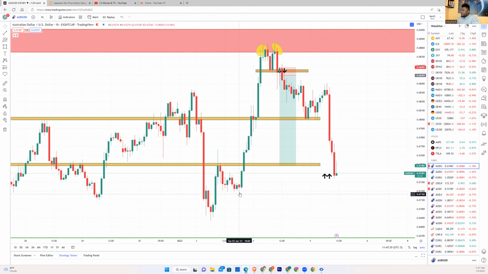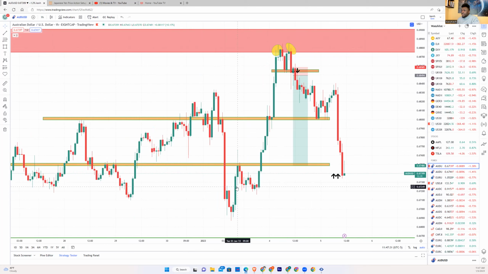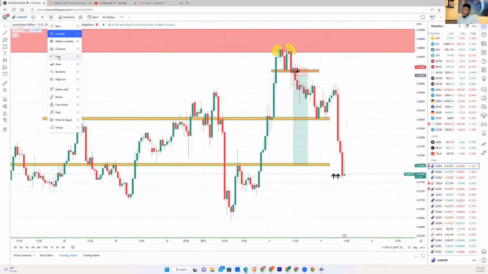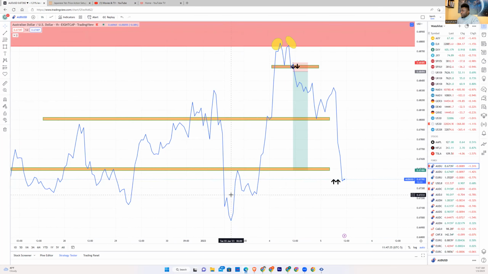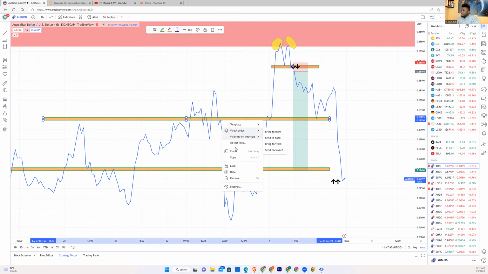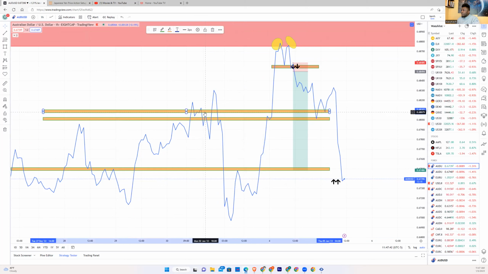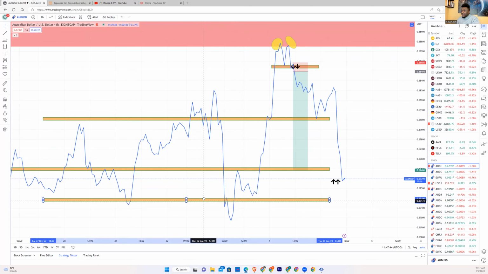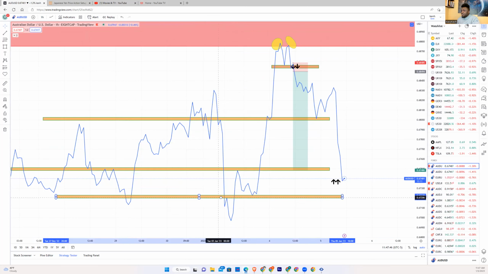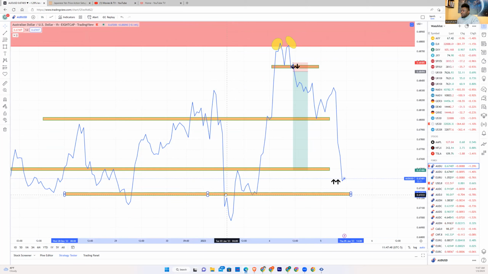So if we are to observe this place really well, let me bring up the line chart right here. Because I always want us to see what exactly I am looking at for me to make the judgment call that I'm making on why I think a trade is going to reverse.